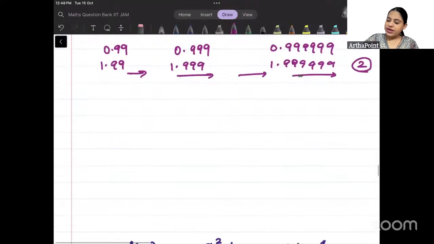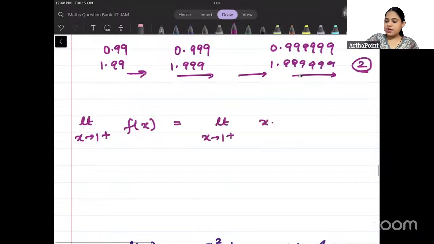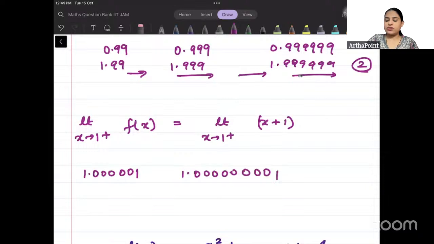Similarly, if I go ahead and find the limit of this function at 1 plus, so this will be limit x tends to 1 plus of x plus 1. That means again I have to take values close enough to 1, but more than 1, right? So it will be 1.00001, 1.000000001, something like this.